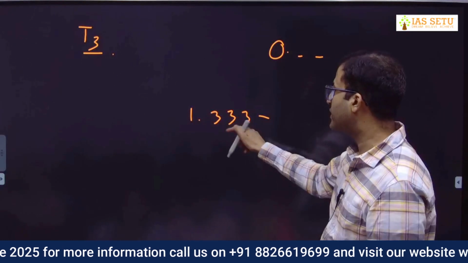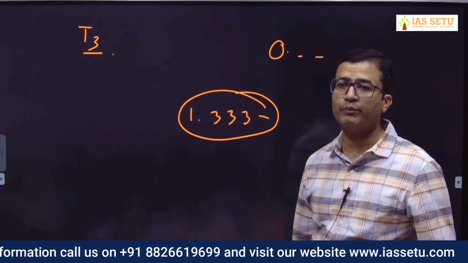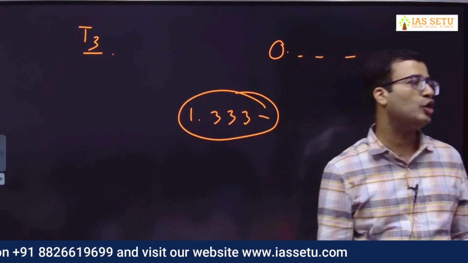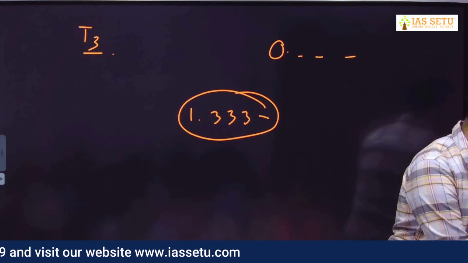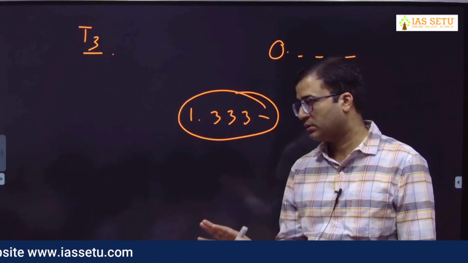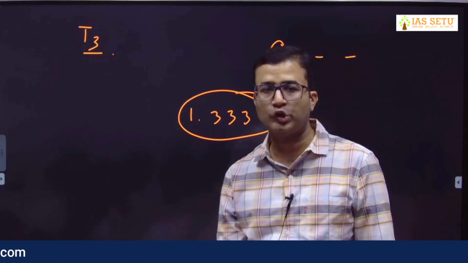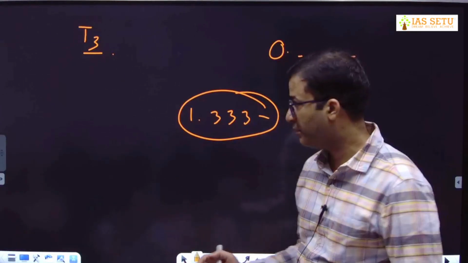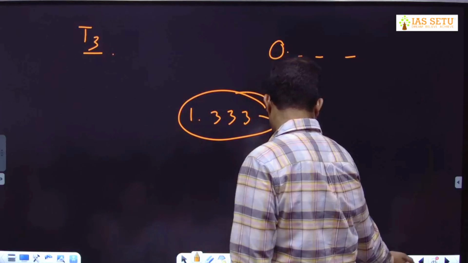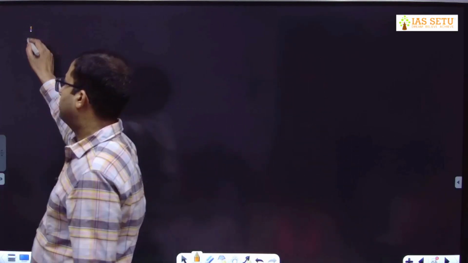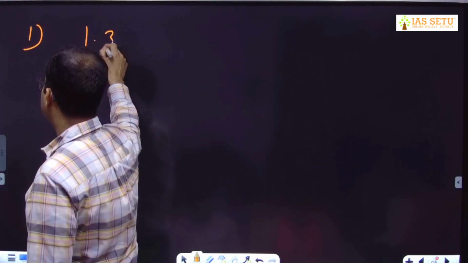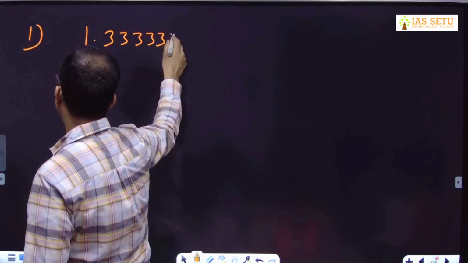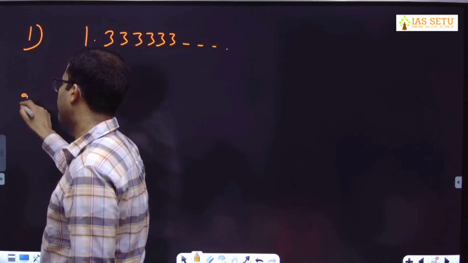So in type 3 I will take this type of number also, means before decimal also we have some digit. I take 4 examples, then I ask you 3-4 questions. Still if there will be doubt, I can take more examples. Let me solve 4 questions first. 1.333333.